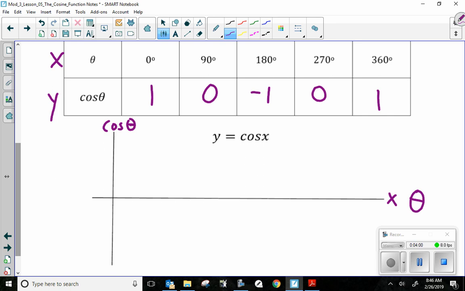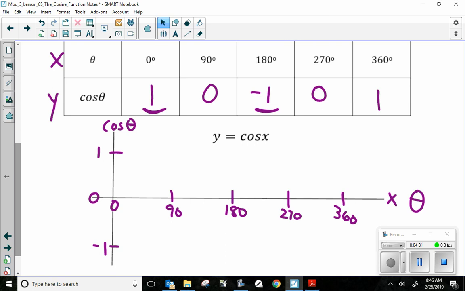So we can start out at 0 degrees, and I'm going to go all the way out here to 360. Half of 360 is 180. Half of 180 is 90. If I add 90 to 180, I get my 3/4 value of 270. Now, cosine, just like sine, will go up to 1. That's as high as I go, the highest y value. And the lowest y value would be negative 1. And then, of course, it'll be 0 at certain times.